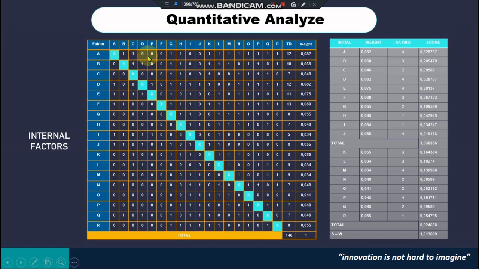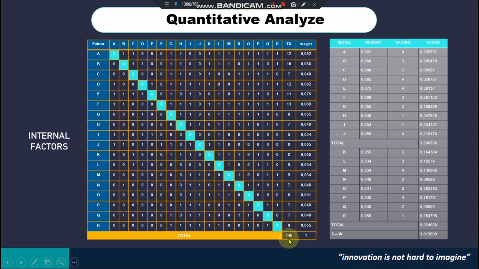For example, here the factor R is not more important than the factors A until F, so we write down the R score as 0 from column A to F. Then we calculate the total of each row for each factor, so we get the TR, or total row. For example, factor A is 12, and so on until R, which has a total row of 8.